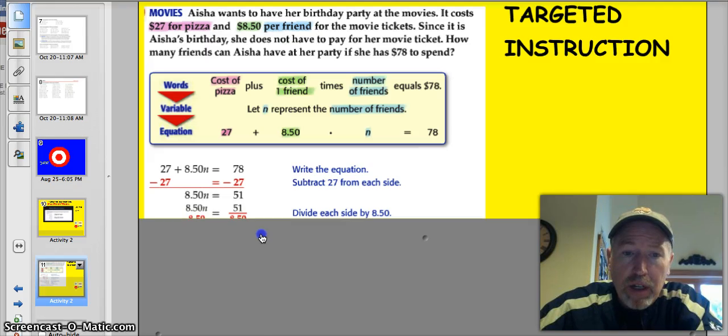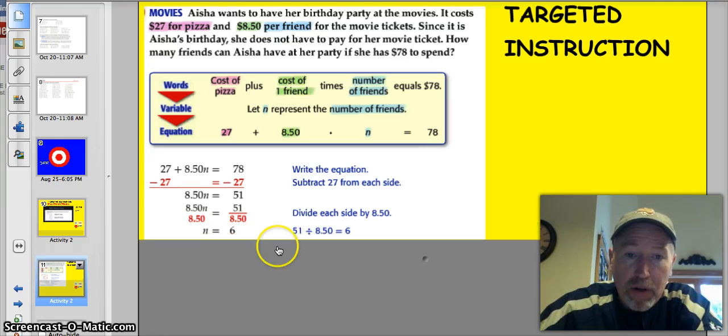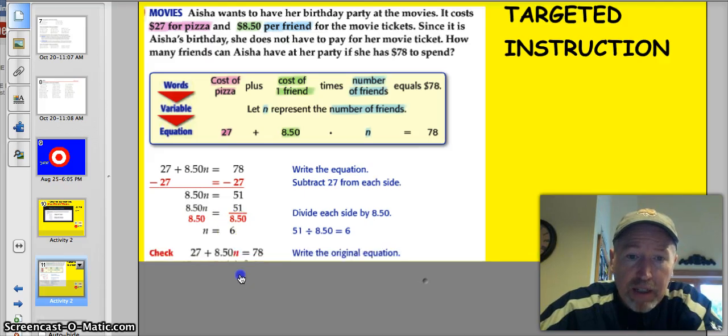Then this is multiplication, so we have to divide each side, because remember, if it's multiplication, we isolate by dividing. When we divide 8.50 by 8.50, of course we get n. When we divide 51 by 8.50, we end up with 6.